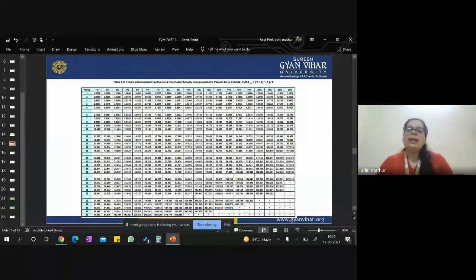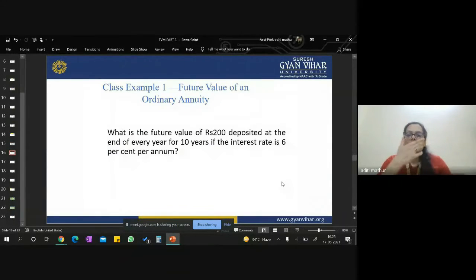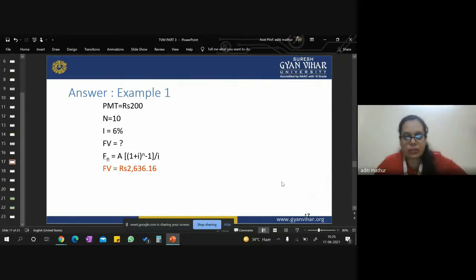So let us check an example and solve it. Question number 1: what is the future value of 200 rupees deposited at the end of every year for 10 years if the interest rate is 6% per annum? Let us use the formula and solve it.